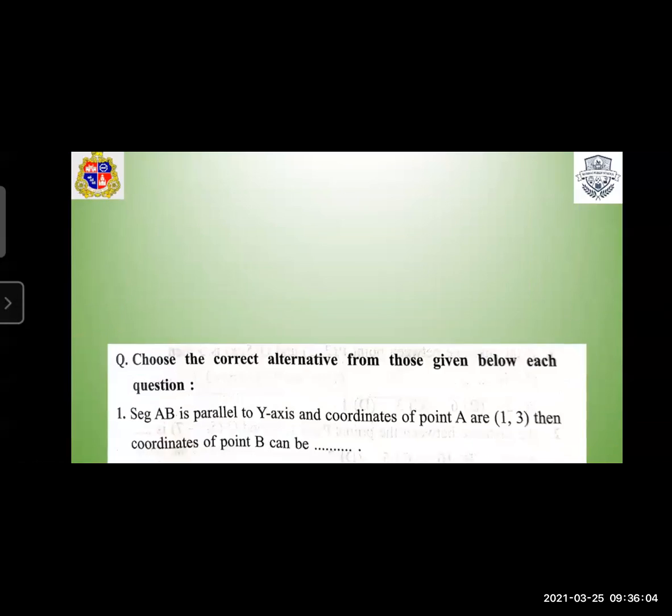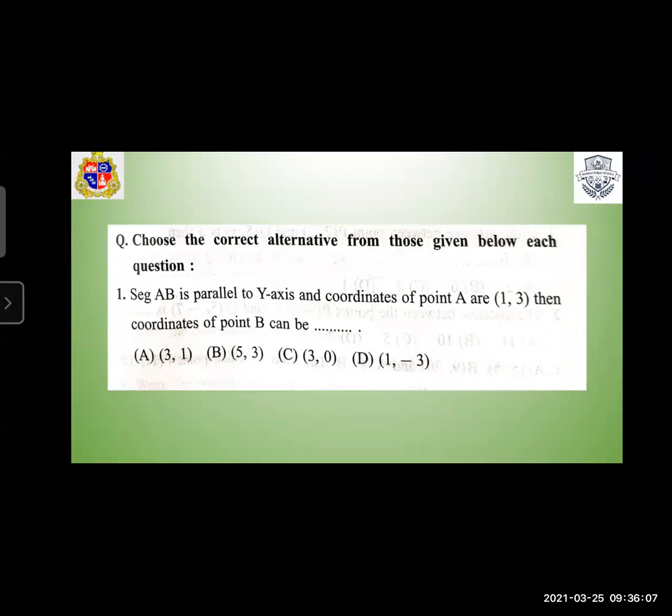From chapter 5, coordinate geometry. AB is parallel to the y-axis and the coordinates of point A are 1, 3. Then the coordinates of point B can be.